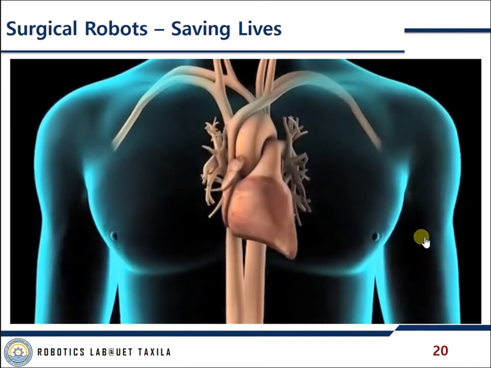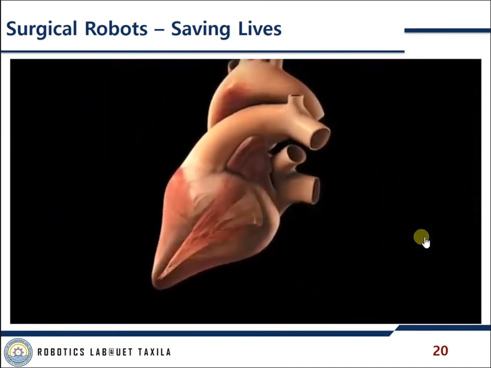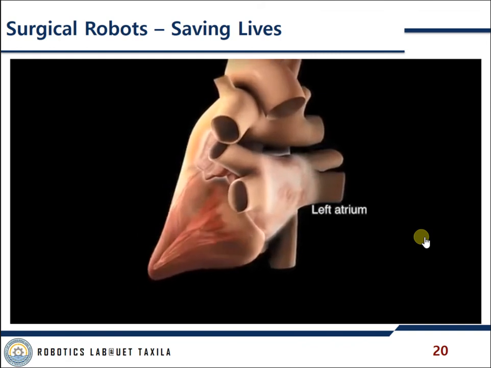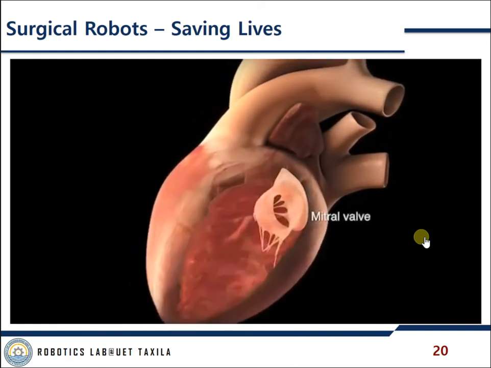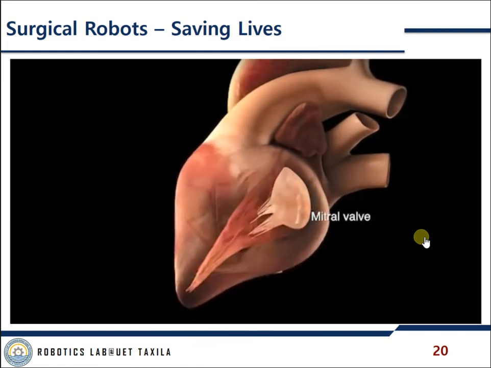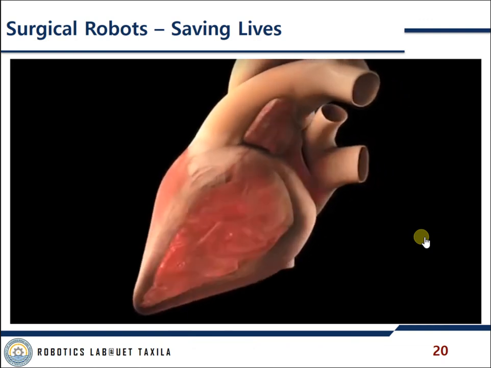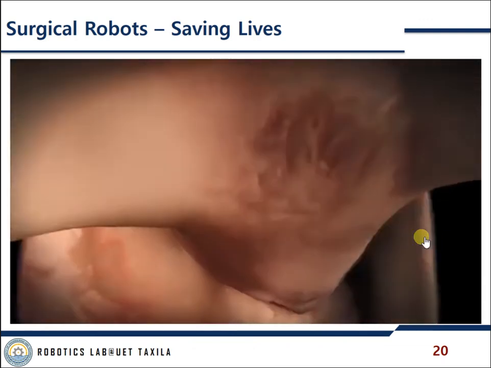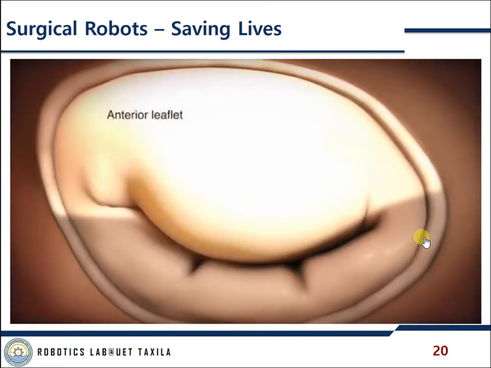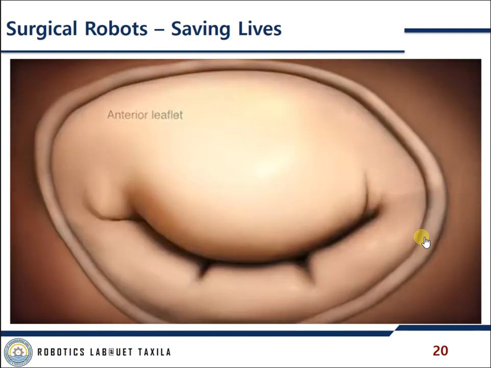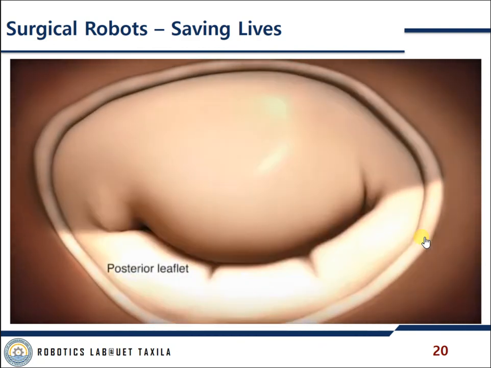The 4 valves in your heart keep your blood flowing forward. Located between your left atrium and left ventricle, your mitral valve controls the blood flow between these 2 chambers and stops blood from flowing back into the left atrium when the left ventricle contracts. The mitral valve is composed of a front portion, known as the anterior leaflet, and a back portion known as the posterior leaflet.